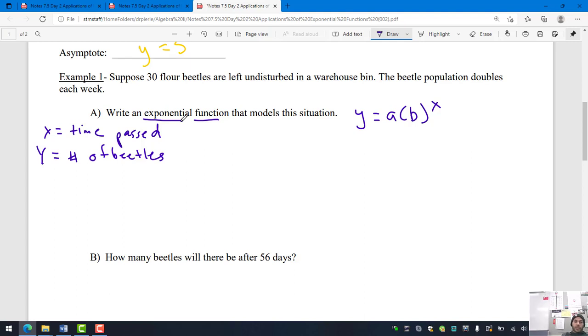Here's the first step. If we want to solve this equation, we need to solve for the letter a. We have to figure out what number goes right here. And here's how you do it.